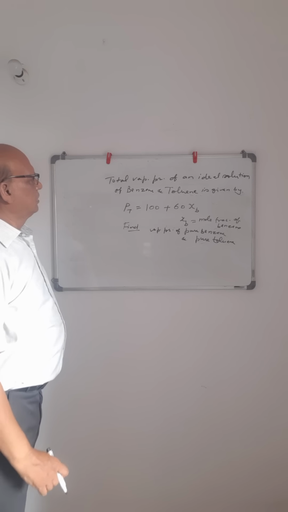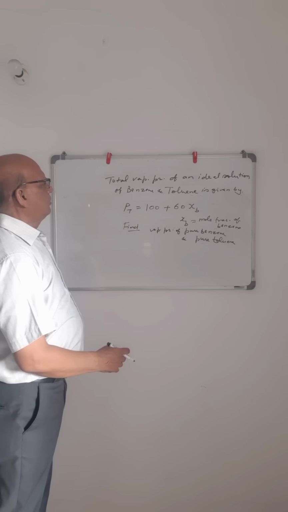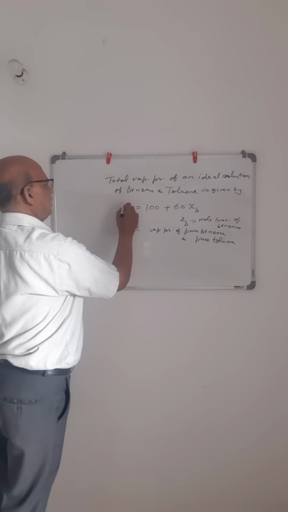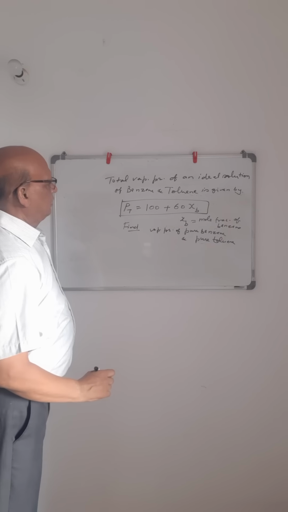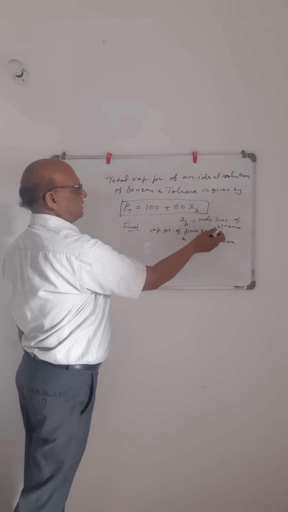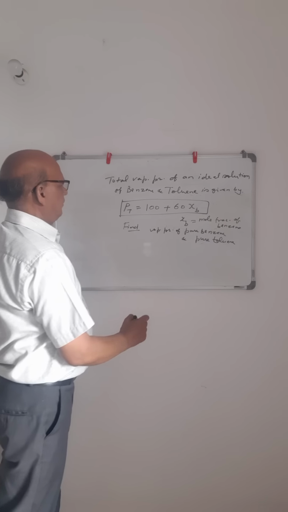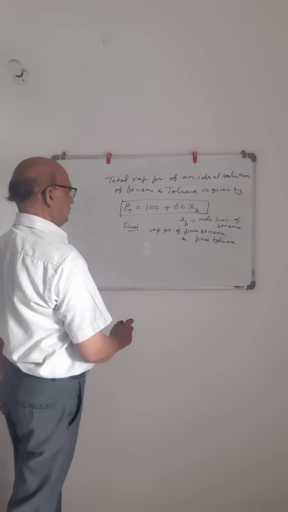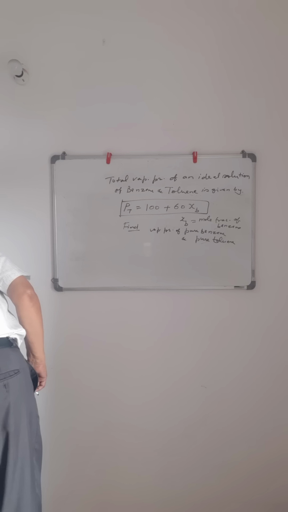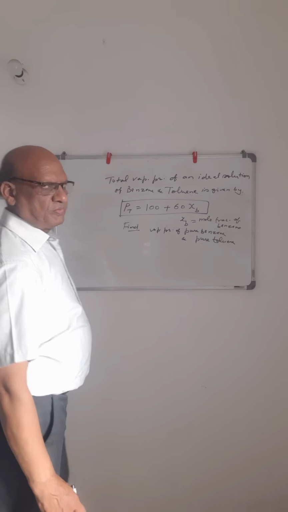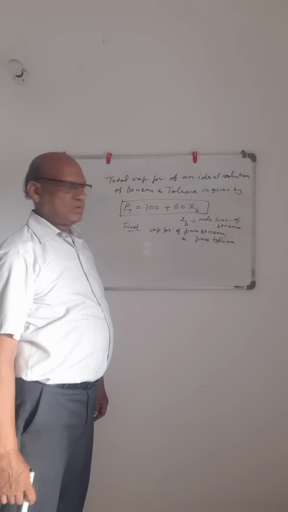Okay, so the vapor pressure of this solution is given by this, they have determined experimentally, where XB is the mole fraction of benzene, and what we have to find out is the vapor pressure of pure benzene and pure toluene.